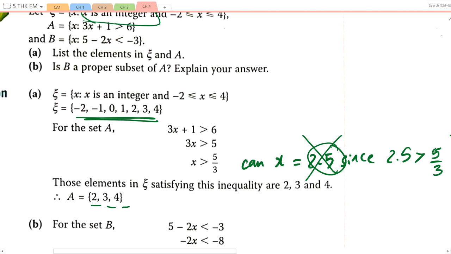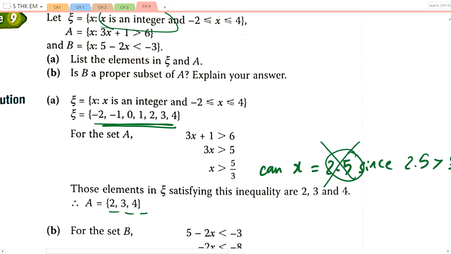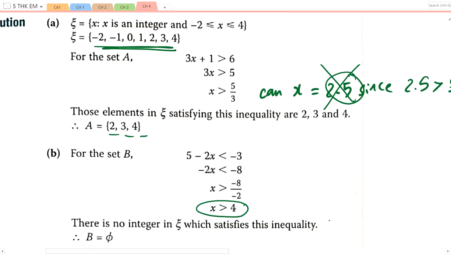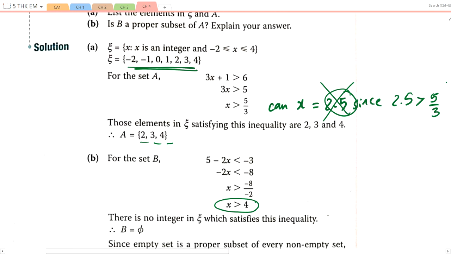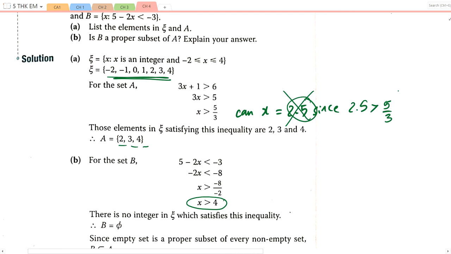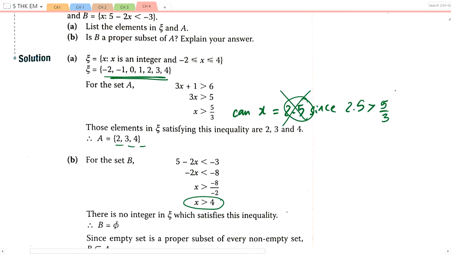Then in part B, we've got another inequality to solve, and x is greater than 4. So the question is, is B a proper subset of A? x greater than 4 means that inside B, if I list down all the elements, I've got 5, 6.